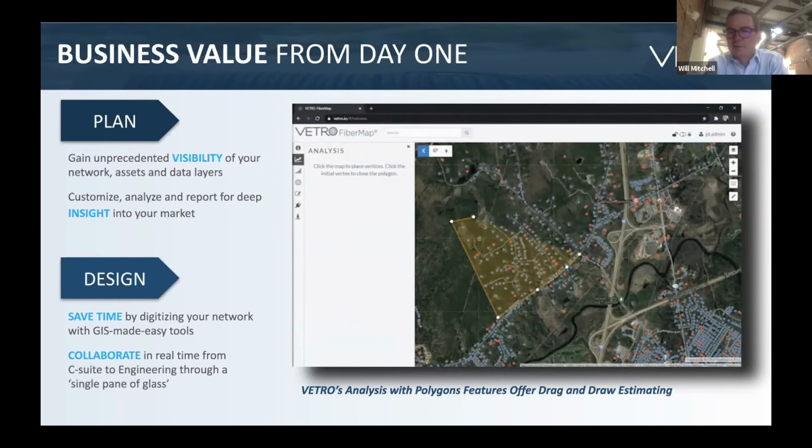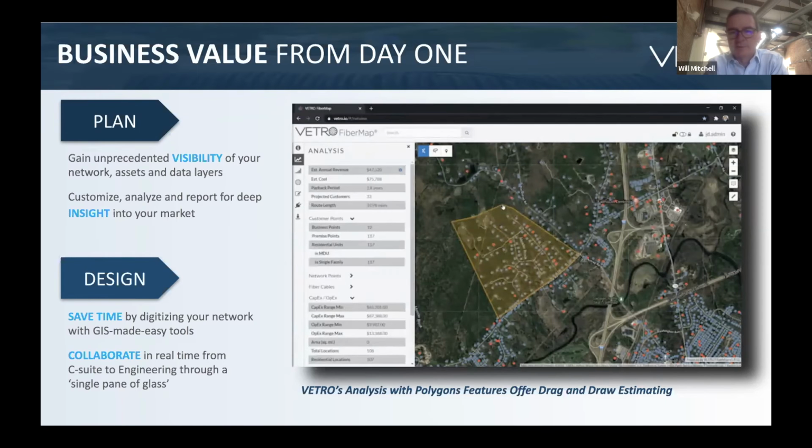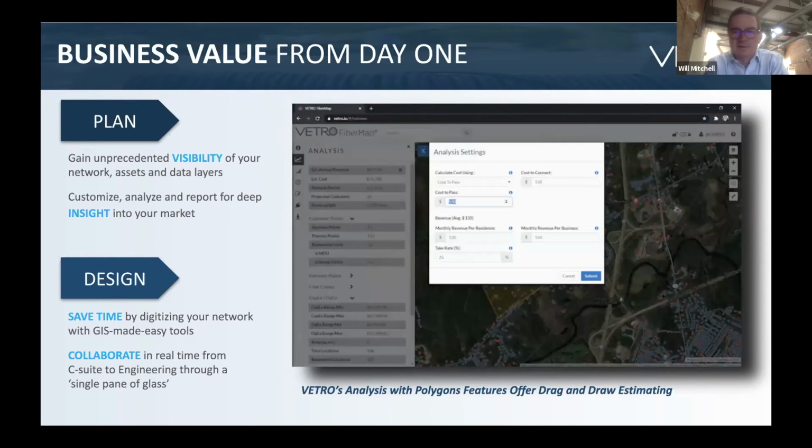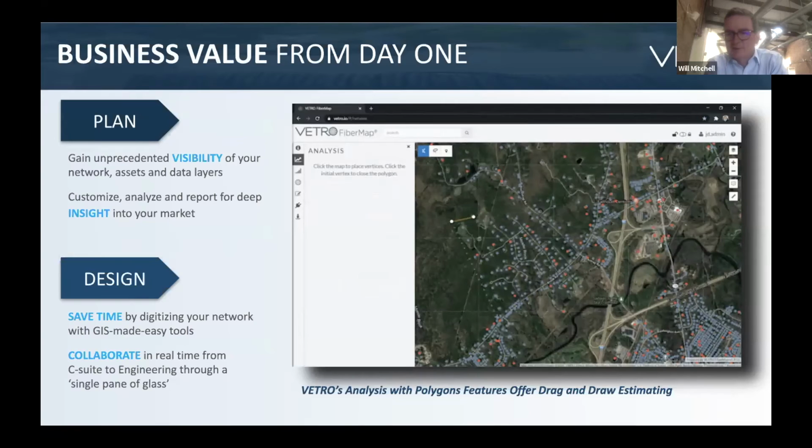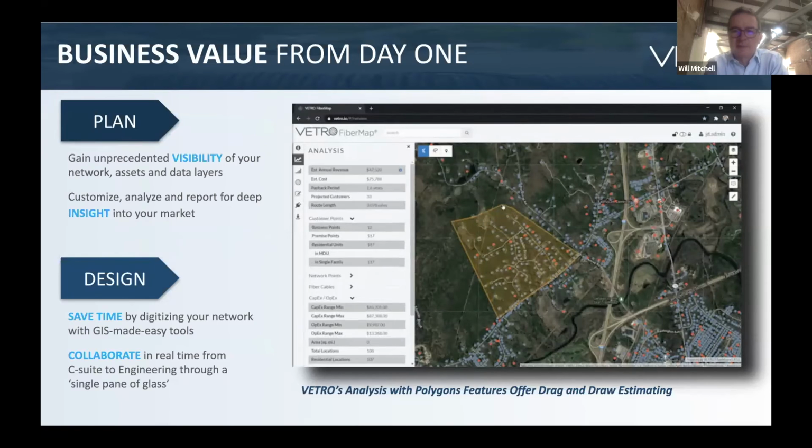How many homes are there to be serviced if I were to build over here? What might it cost? The design phase is critical. Vetro is a full design platform where engineers are laying out networks with high-level designs, making modifications, carrying them down into low-level designs, and managing that design process end to end.